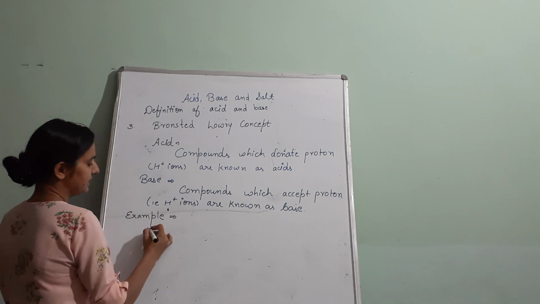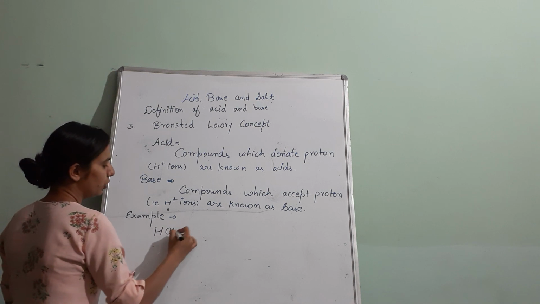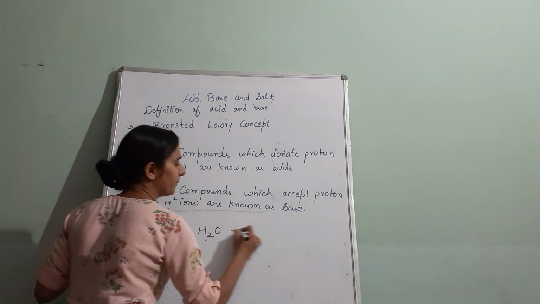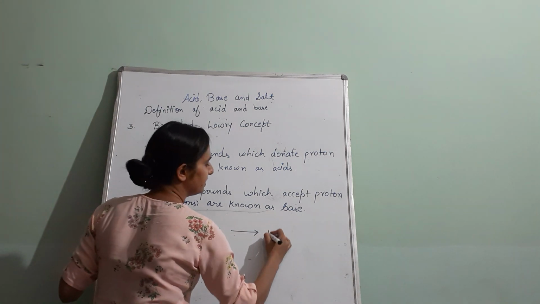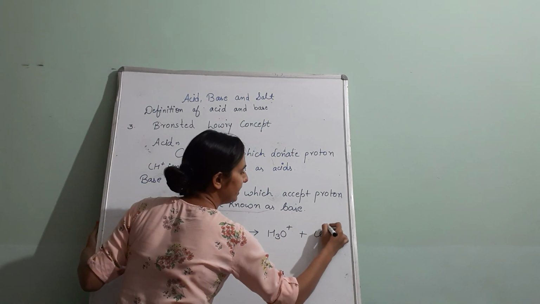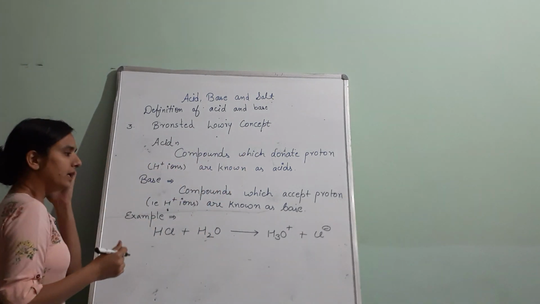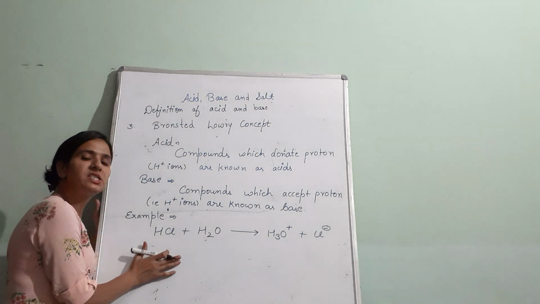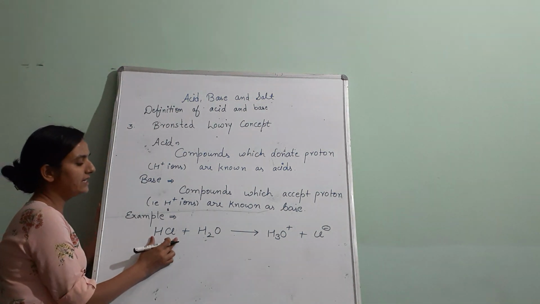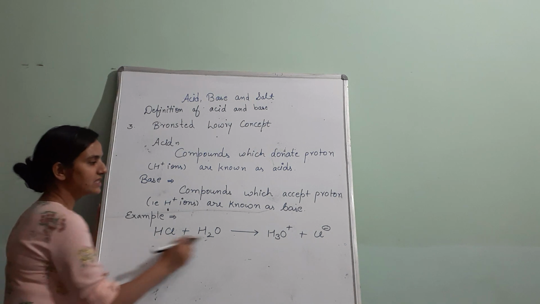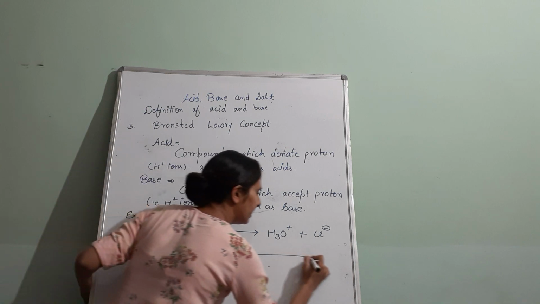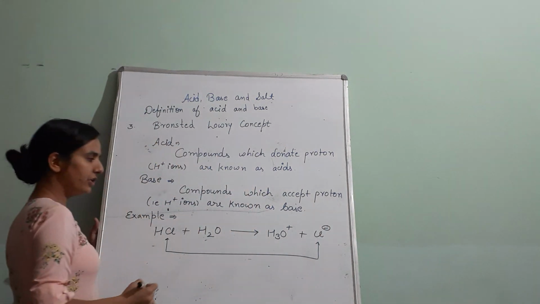First example is when hydrochloric acid dissolves in water, it gives H3O positive and Cl negative. Let's observe this reaction very carefully. What is happening here? HCl is converted into Cl negative.